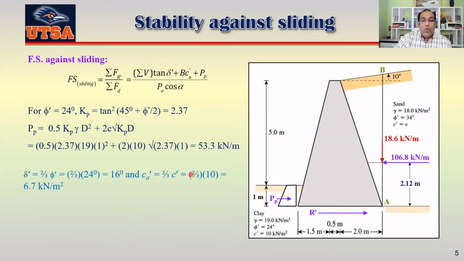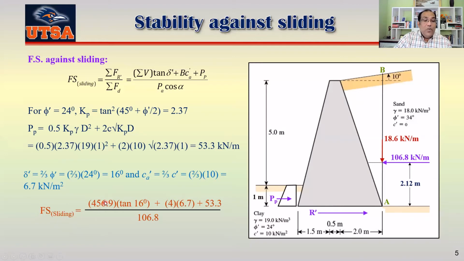So you can see 2/3 of 10, that's basically 6.7 kilonewton per meter squared.